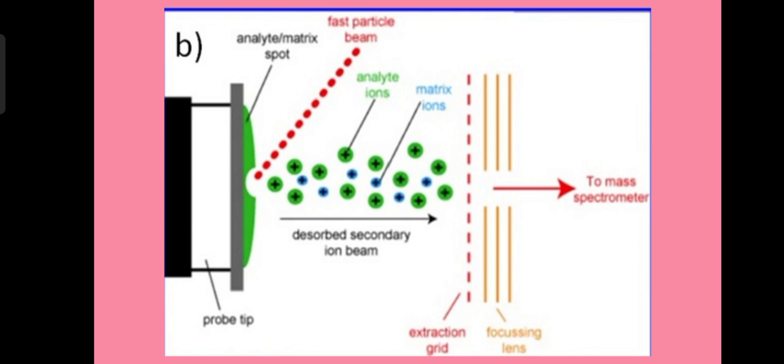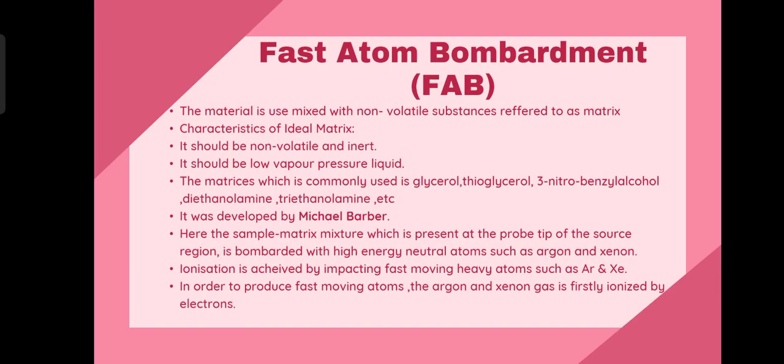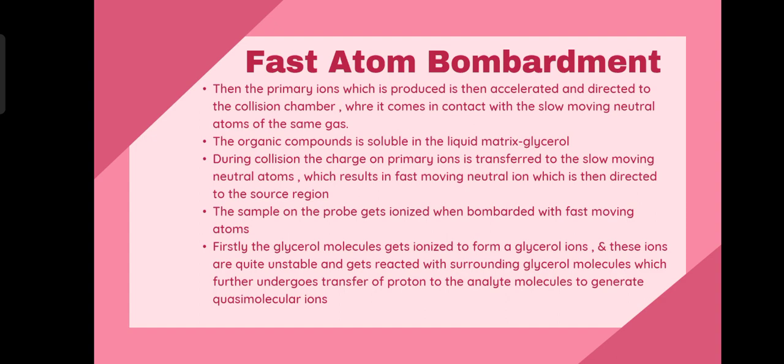The charge of the primary ions will be transferred to those neutral molecules, resulting in formation of fast moving atoms. Now this fast particle beam is going to bombard onto this analyte matrix mixture. The most commonly used matrix here is glycerol, because it is a low vapor pressure liquid.